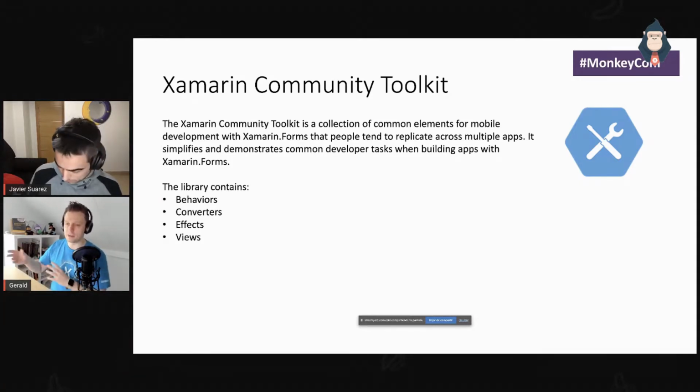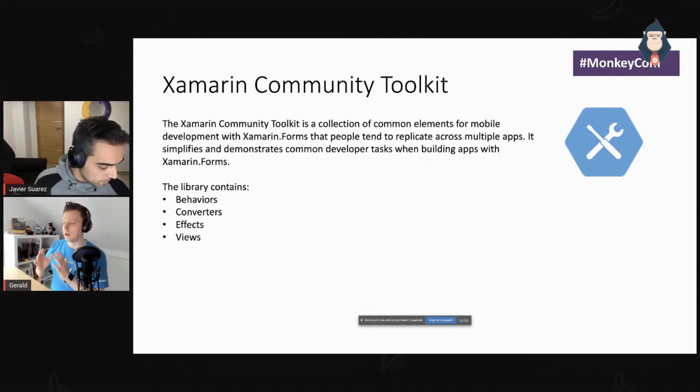So you just copy it and then you make some changes, and then you suddenly have two versions. So it's a mess, right? You don't want that. So what we're trying to do with the Xamarin Community Toolkit is to get all those much used code, behaviors, converters, everything into our little package, so that we have one convenient package that everyone can use and everyone can benefit from.